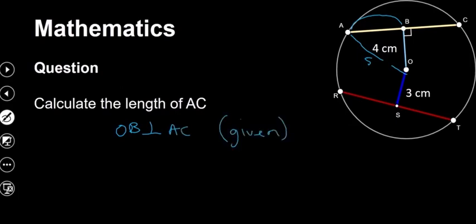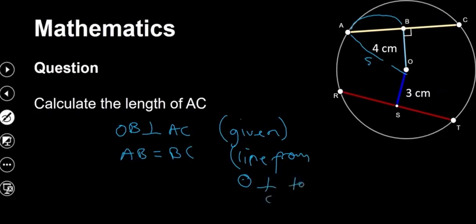Since this is the case, we can then say that AB is equal to BC. Why? It is a line from the center perpendicular to a chord. That will be my reason. Remember when we were looking at the theorem, I said that's the reason.